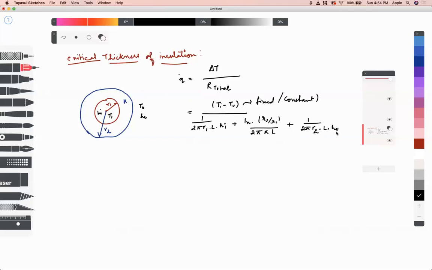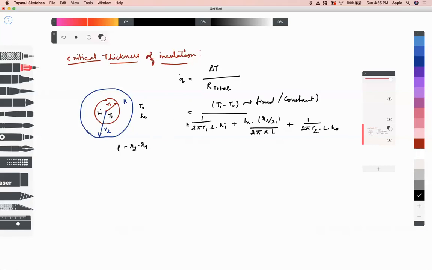Now, since here we are trying to find out at what particular radius or under what condition the heat transfer will increase because of providing insulation. Insulation starts from radius R1 and goes all the way to R2, so the thickness of insulation is essentially R2 minus R1.